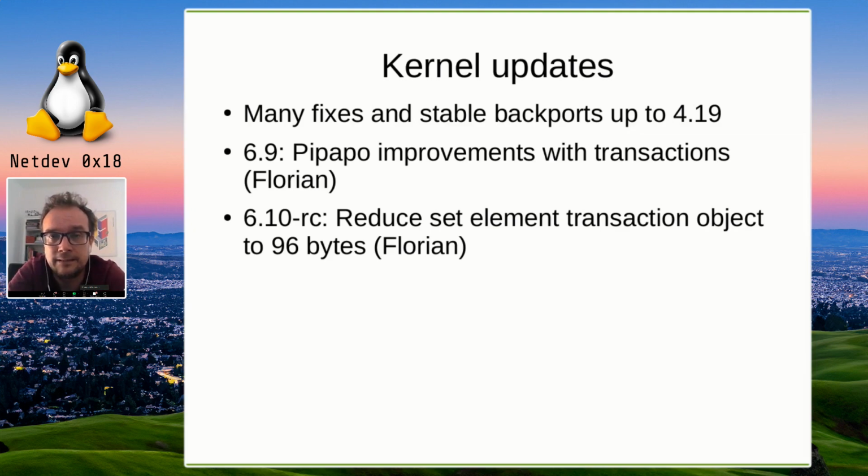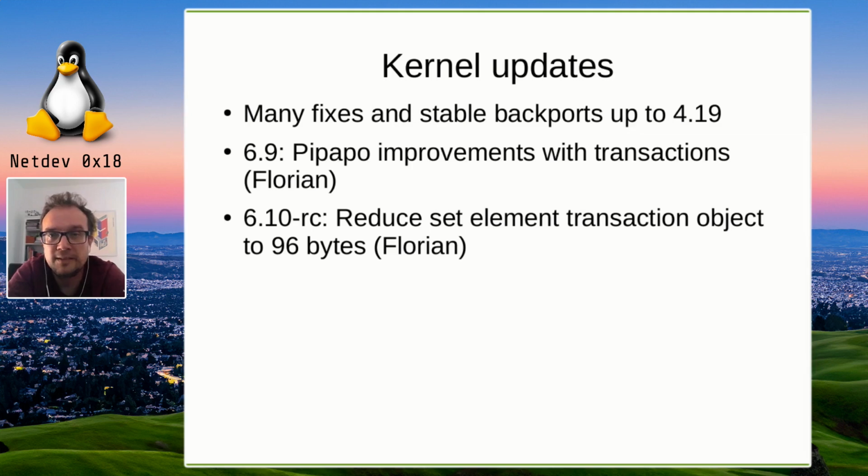We also have a patch set to reduce the size of the transaction object, and specifically reduce the size of the set element transaction object to 96 bytes. I mentioned that it should be possible to go even further and explore further shrinking. It's something yet to be done.